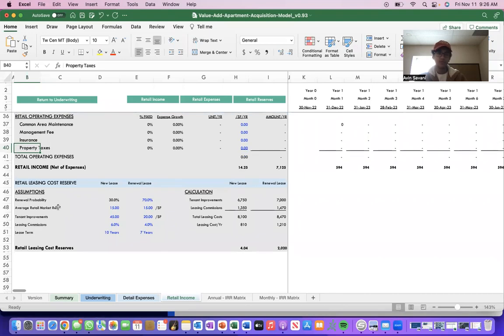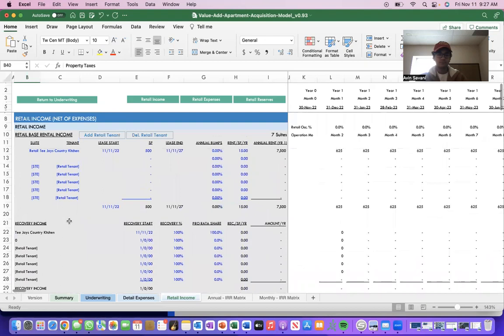Like renewal probability: say they did a renewal last year for an extension year, what's the probability of them renewing that lease? You want to ask, hey, are you interested in renewing this space? I see that you've shown interest in the past and you really like this space. Then you can adjust your probabilities on that.